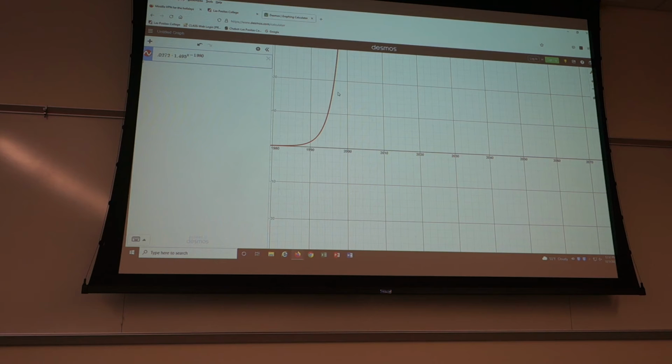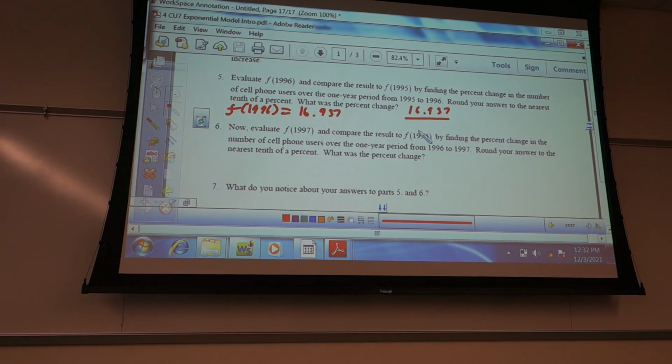So f of 1996 is equal to 16.937. Comparing that to 1995, we're going to do 16.937 divided by what did we get for 1995? We're still in Desmos, we can't see what you're doing. It'd be 11.33. Okay, everybody divide those. This is fine.